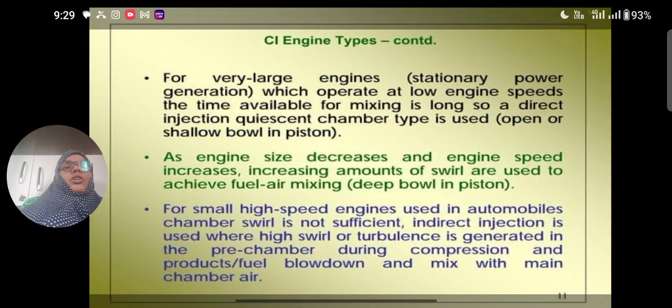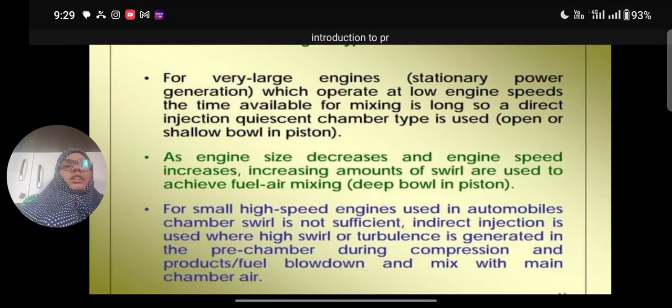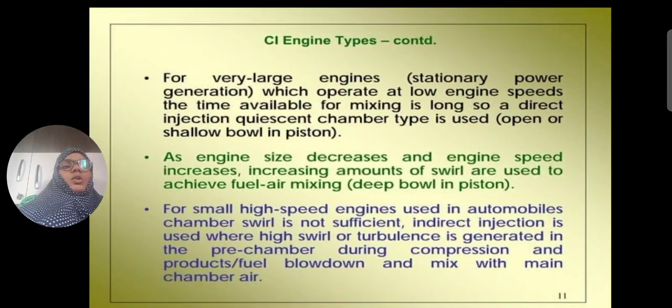For very large engines, such as stationary power generation, which operate at low engine speeds, the time available for mixing is long, so direct injection with a quiescent chamber type is used, with an open or shallow bowl in the piston.